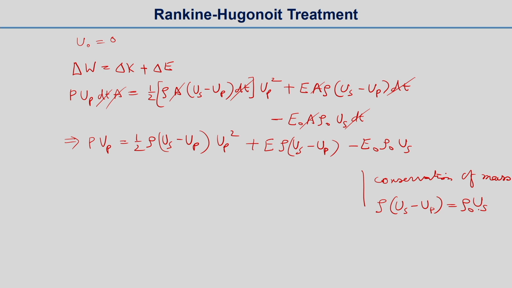So if we substitute that, it will give us P Up equals half rho naught Us, that is the shock impedance, times Up square, plus we can simplify it more, rho naught Us (E minus E naught).